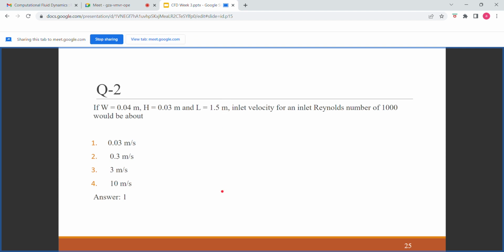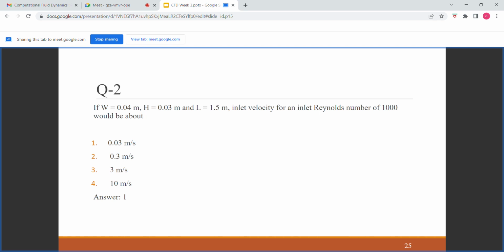In this question, it is asked that if W is equal to 0.04 and H is equal to 0.03 and length is 1.5 meter, the inlet velocity for a Reynolds number of 1000 would be about what?